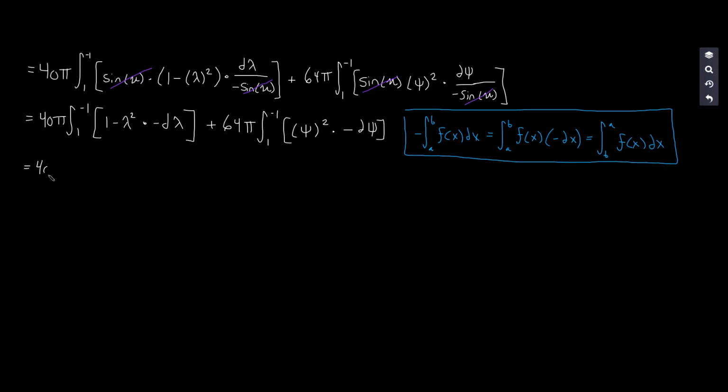So this is going to be 40 pi times the integral from negative 1 to 1 of 1 minus lambda squared d lambda, plus 64 pi times the integral from negative 1 to 1 of psi squared d psi. Ah, yes.